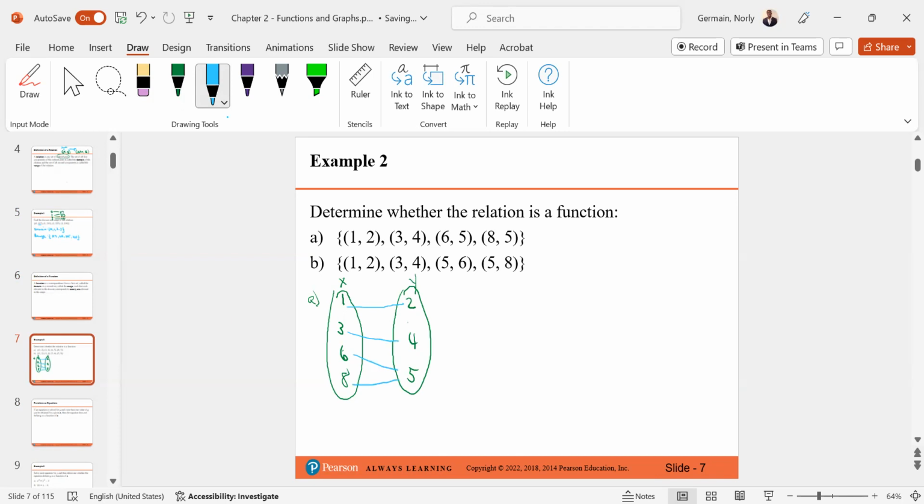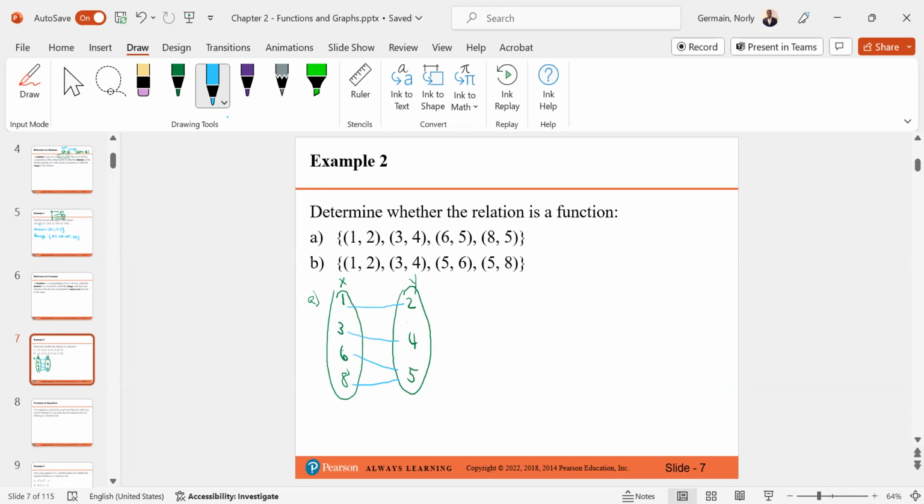All right, determine whether the relation is a function, right? So you can verify this one. Every element of the domain corresponds to exactly one element in the range. Remember, even though 6 and 8 go to the same element in the range, 6 doesn't go to two different elements in the range.